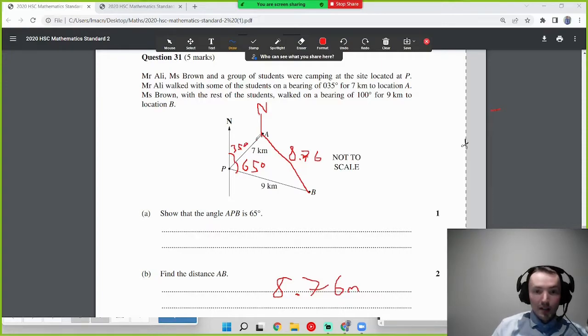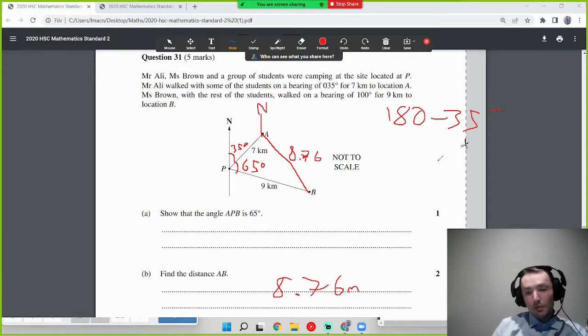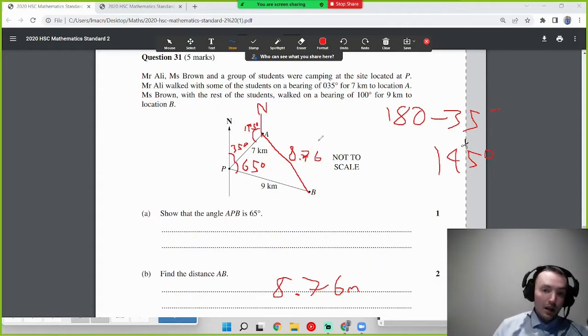So in order to find this angle, it's simply a matter of 180 minus 35, which happens to be, quick math in my head, 145 degrees. Yep. So this angle would be 145. Okay, so that's one piece of the puzzle.